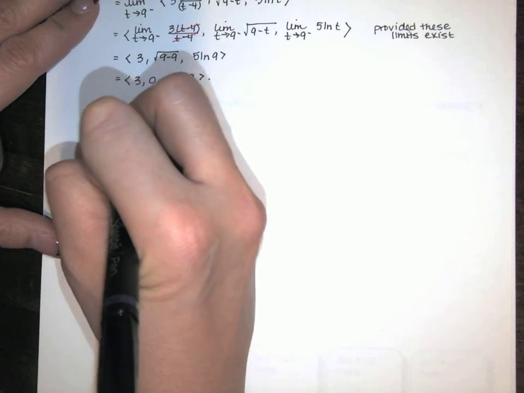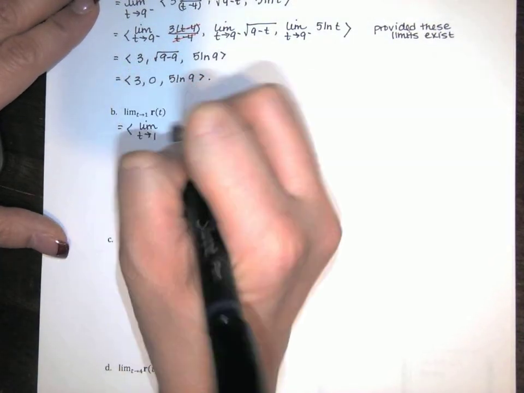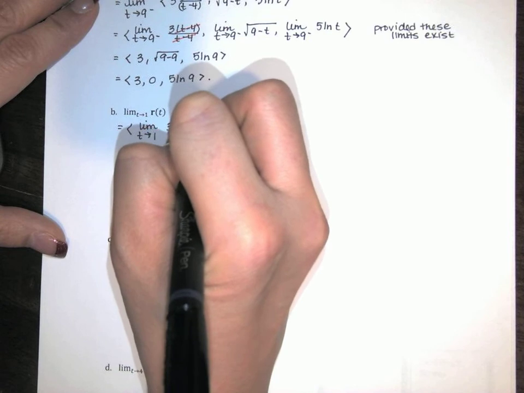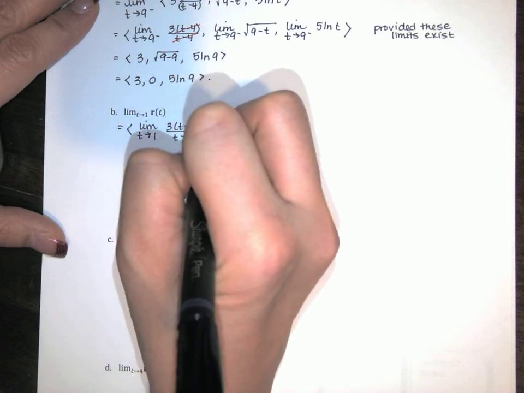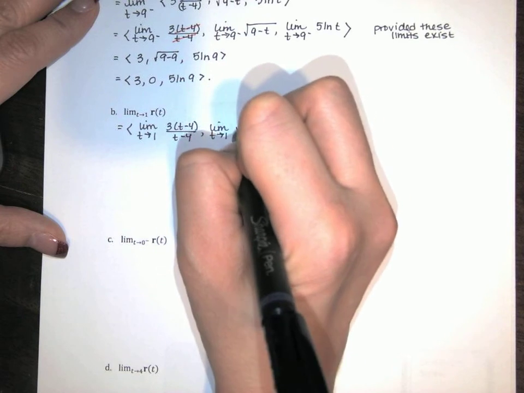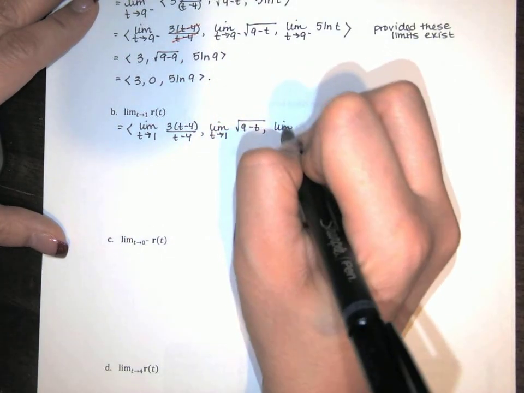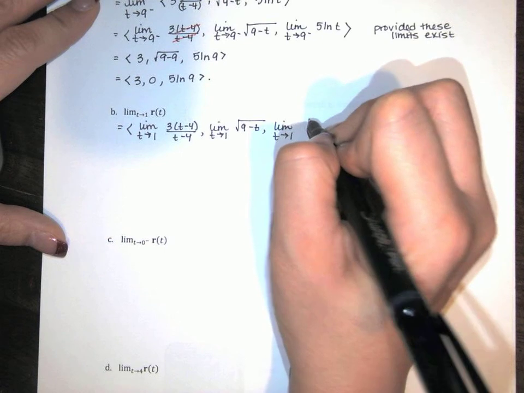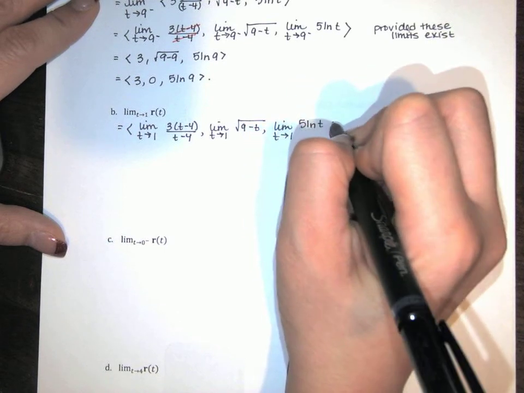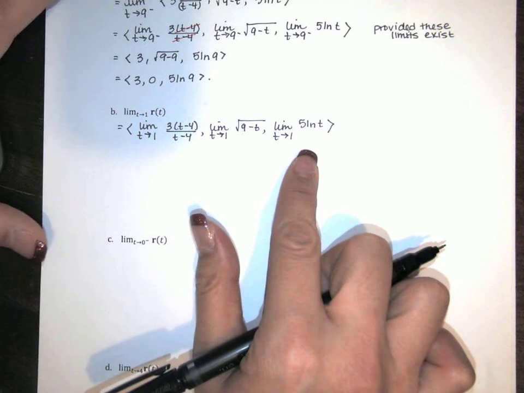I have the limit as t approaches 1 of r of t. That's the same as the limit as t approaches 1 of x of t times i hat plus the limit as t approaches 1 of y of t times j hat plus the limit as t approaches 1 of z of t. And that's continuous at 1, and that's continuous at 1, and that's continuous at 1.